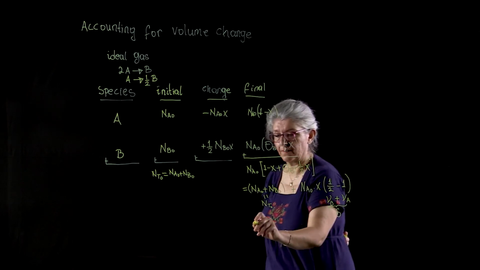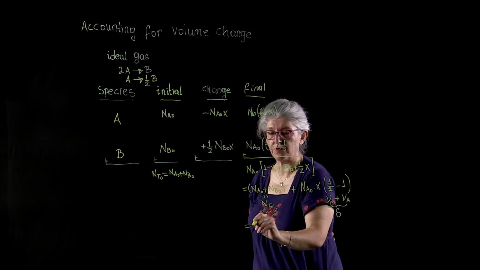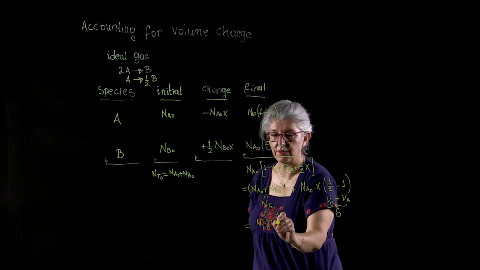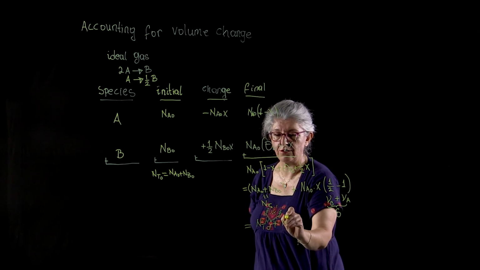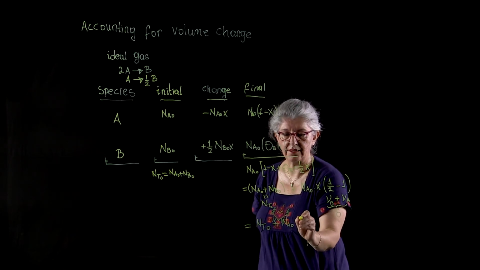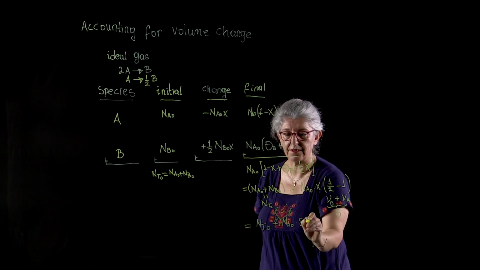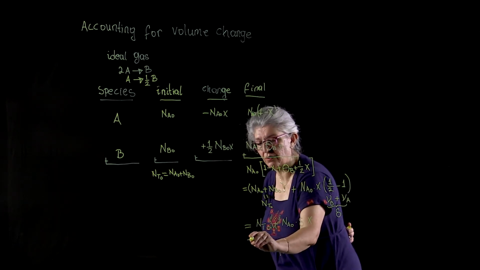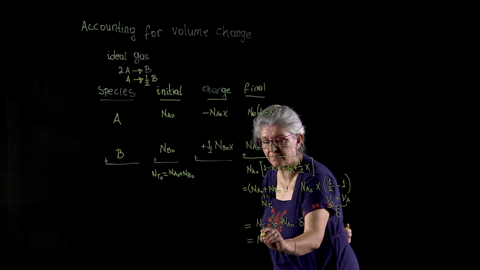So, in a concise form, this expression is N_T0 plus N_A0 times delta times X. Now I'm going to take N_T0 into parentheses.